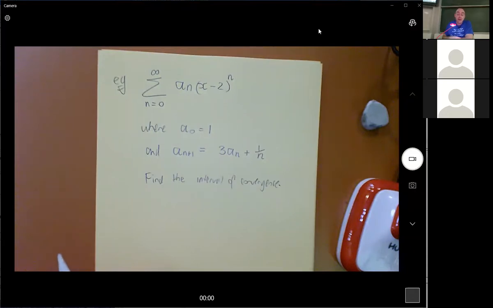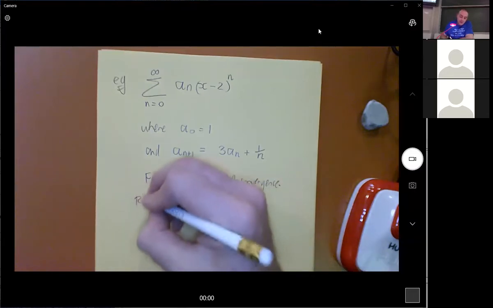We're just told how each an is calculated from the one before it. The really cool thing about radiuses of convergence is that I don't actually need to know what an is. I only need to know what an plus 1 divided by an is.